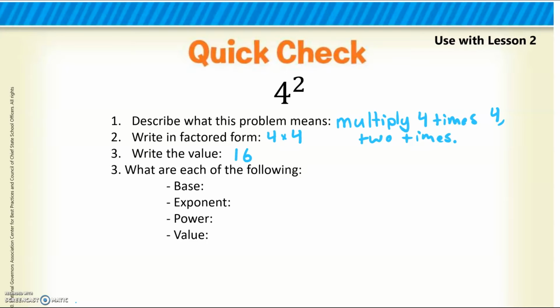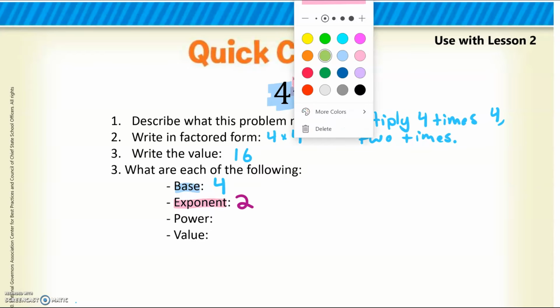And then which are each of these pieces? So we have base, which is our big number, first one. So our base is 4 in this case. Then we have exponent. So the exponent is the little number. So our exponent is 2 in this case. The power is kind of the whole thing.